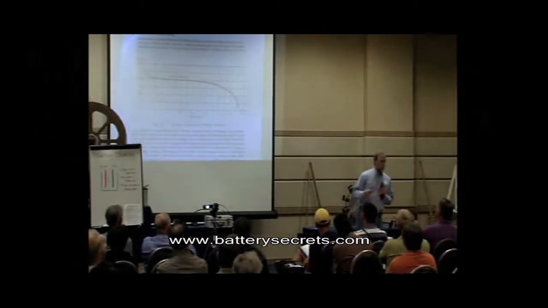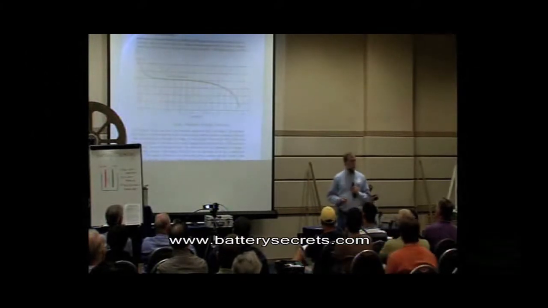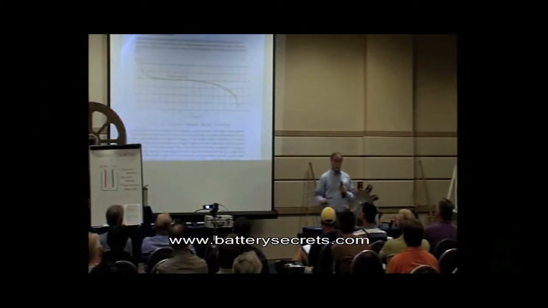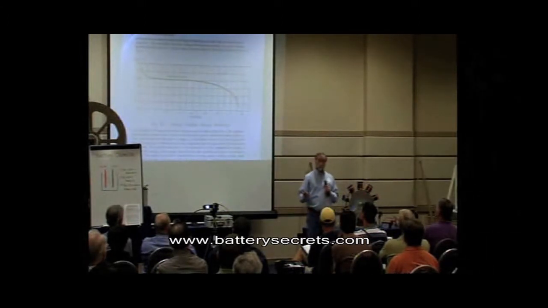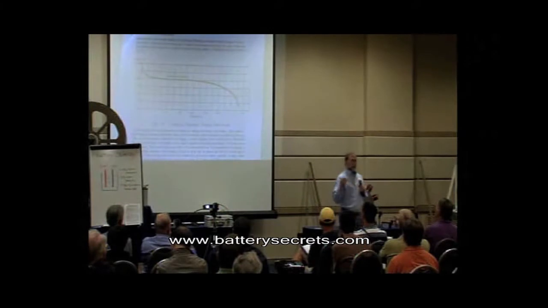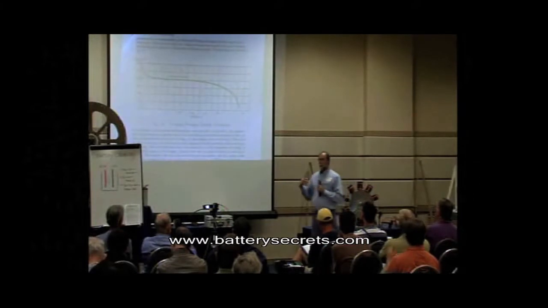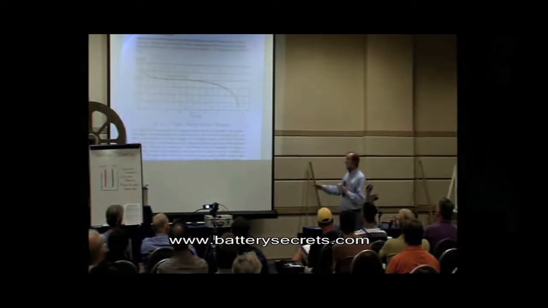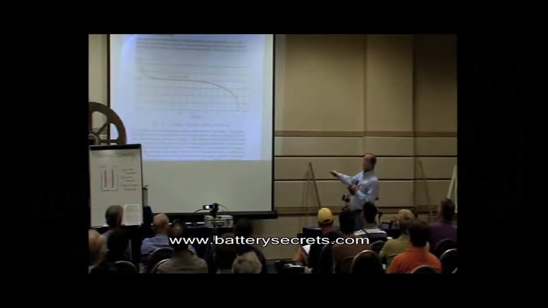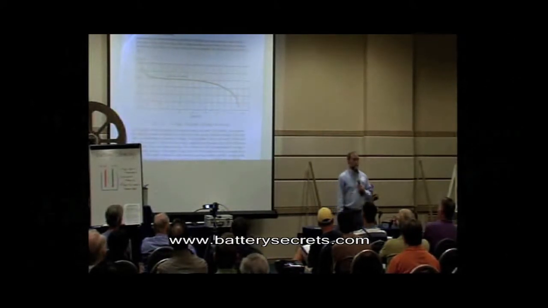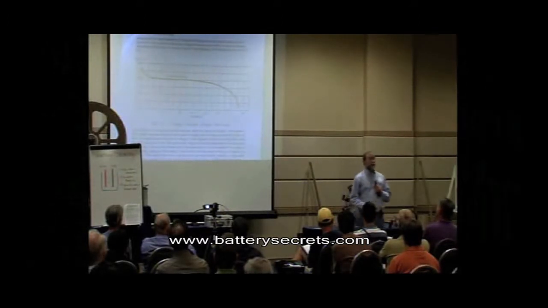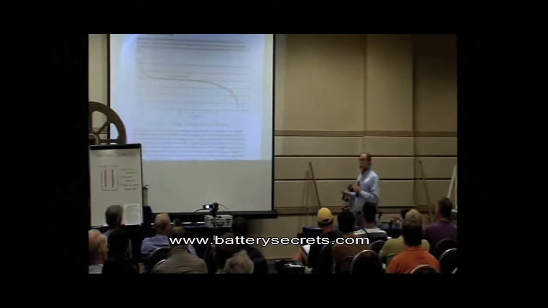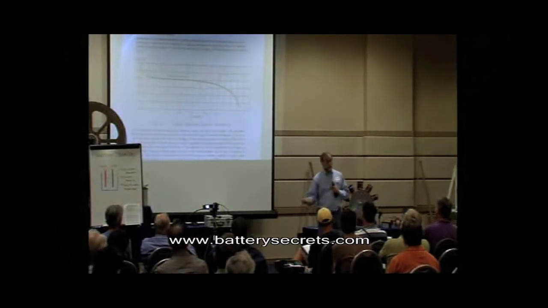The plates are beginning to start looking more the same. They're both looking more like a layer of lead sulfate, instead of looking like lead oxide and lead. So as you discharge the battery, the chemical difference starts degrading. And that is the voltage drop. That's why when the battery is discharged, it can't develop the voltage, because they're not different.